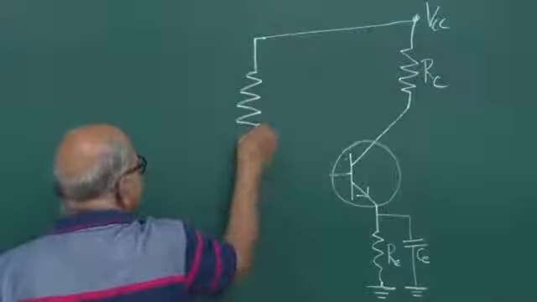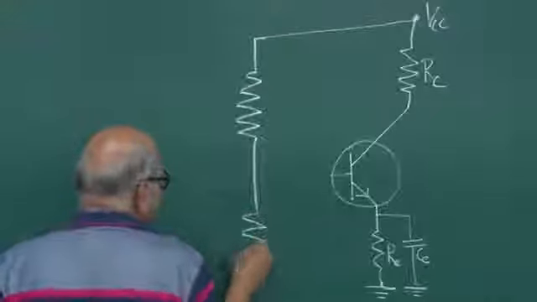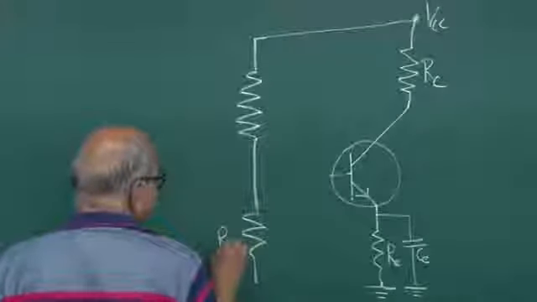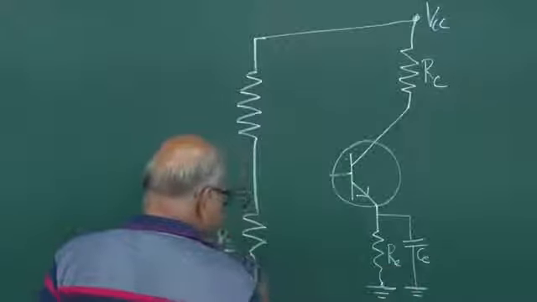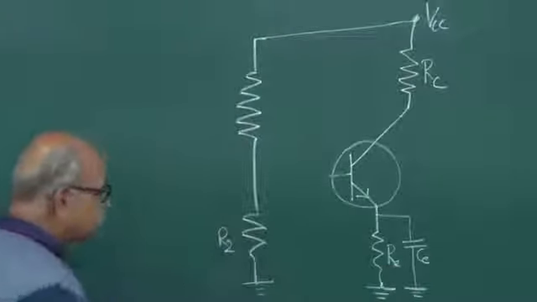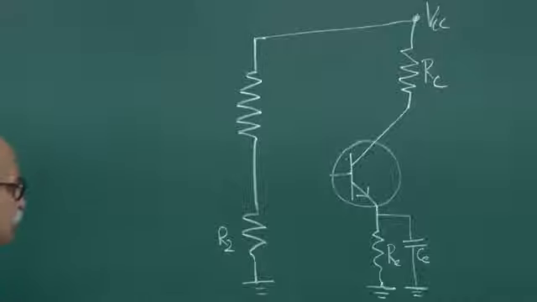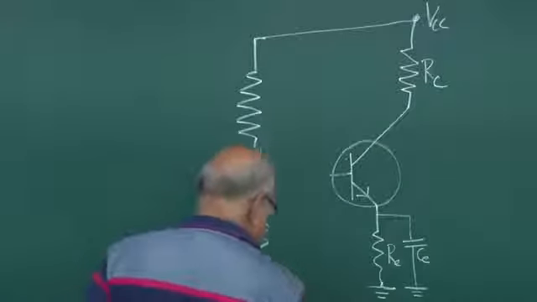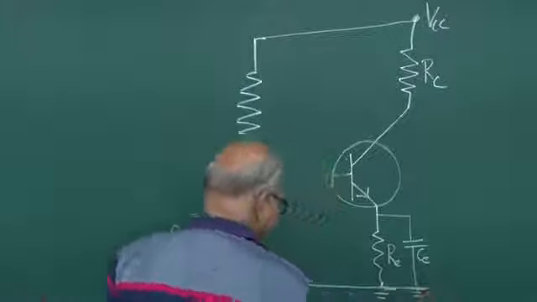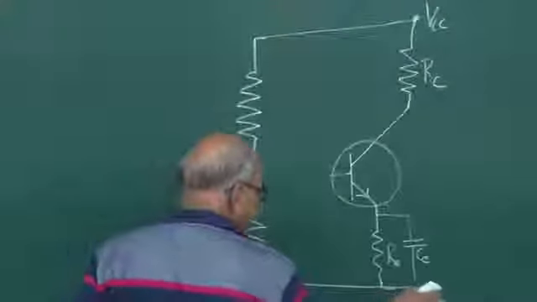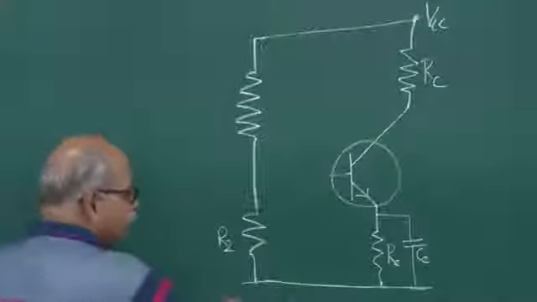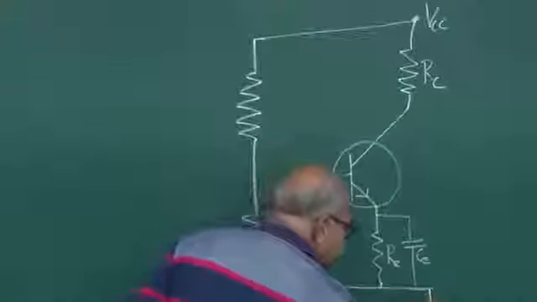You take a resistance R1 and a resistance R2, and this is at ground. You can connect it, or you can just write it this way. This is also okay with us, or if you wish you can connect all these things and make a line. That is also all right. But somewhere you should say that this is the ground line. So this is that ground.